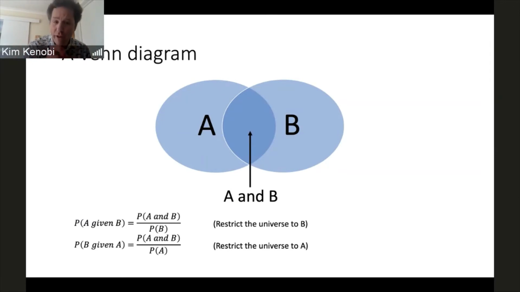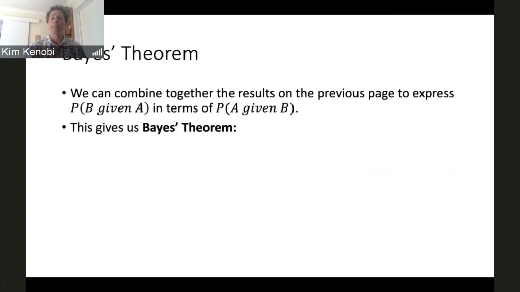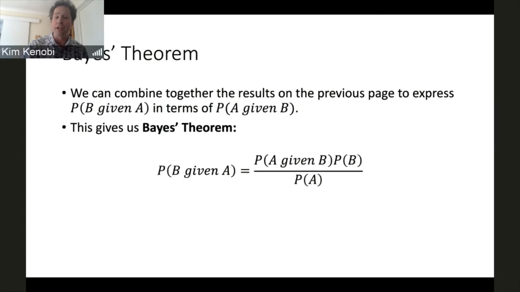Now, the only reason I've put both of these in here is because you can see that the probability of A and B occurs in both of those expressions. And that's important for something called Bayes' theorem. So there was a statistician called Bayes, and his result allows us to relate the probability of B given A to the other way around, to the probability of A given B. And that particular relationship ends up being fairly straightforward.